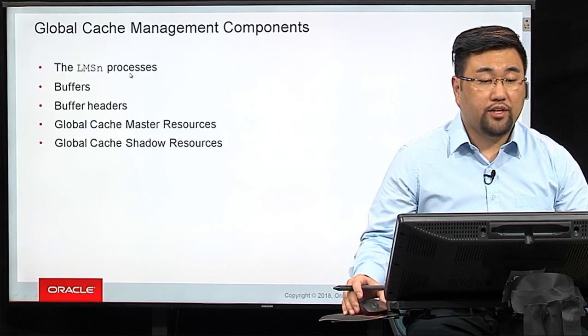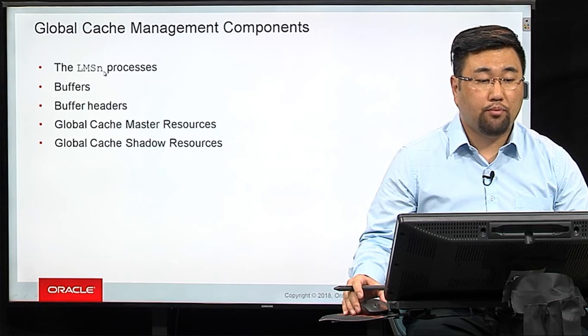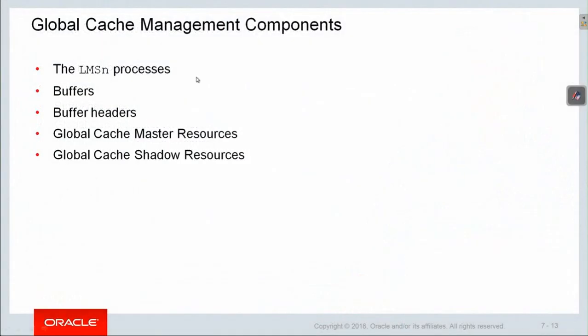The LMS process is a global cache management background process. It manages the buffer state, updates the global cache master resource, and receives global cache shadow resource metadata information.